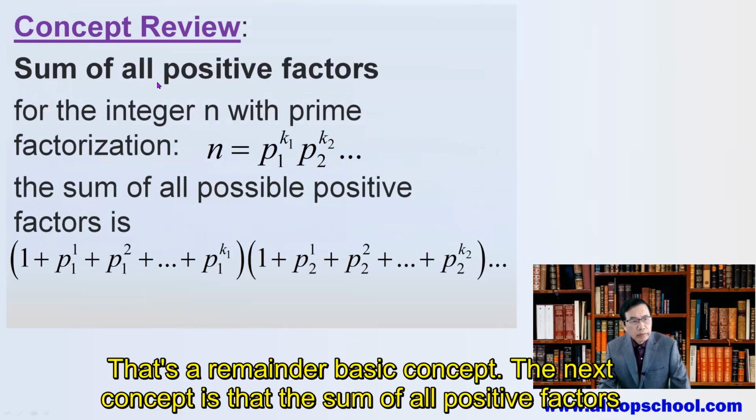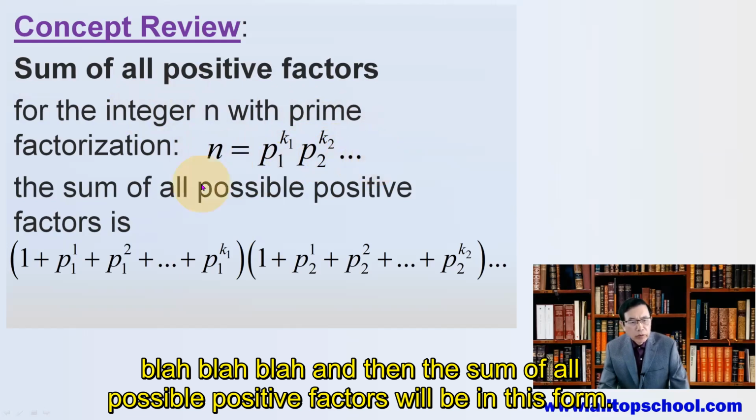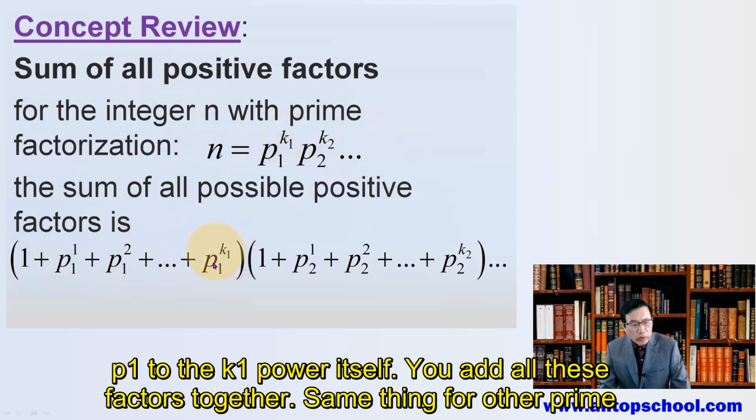The next concept is the sum of all positive factors. For the integer n with a prime factorization, n equal to p1 to the k1 power, p2 to the k2 power, and so on, the sum of all possible positive factors will be in this form. Each of the factors in the product will be the sum of all the factors of the power of p1 to the k1, including p1 to the k1 power itself.